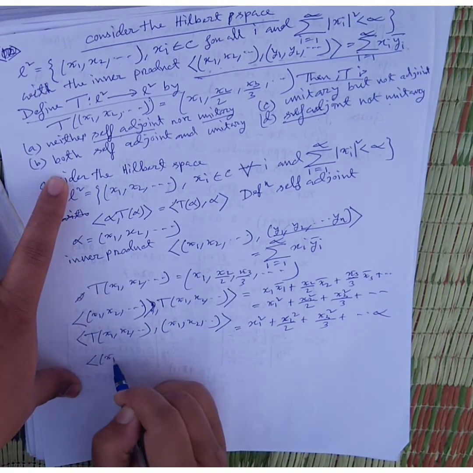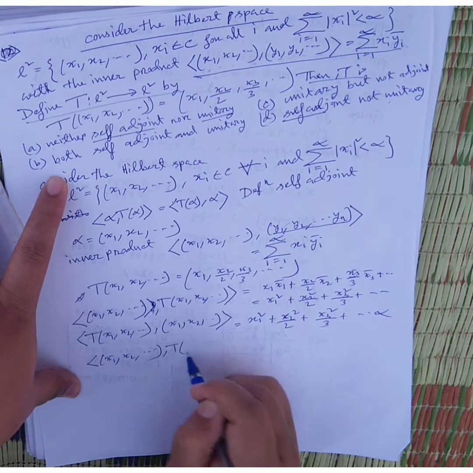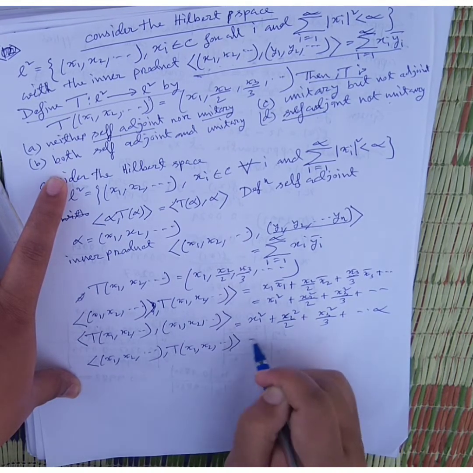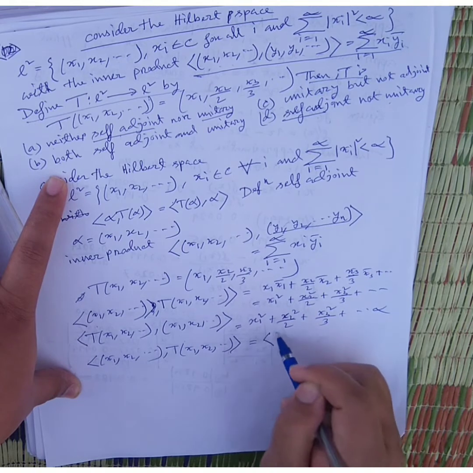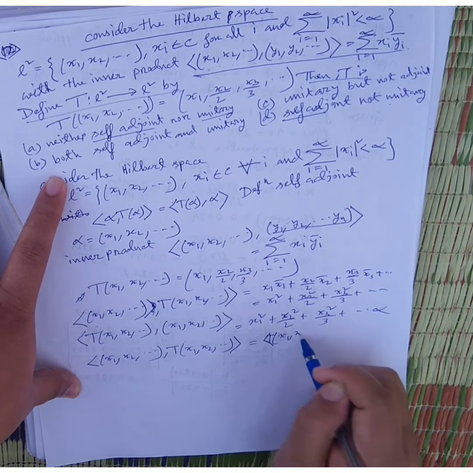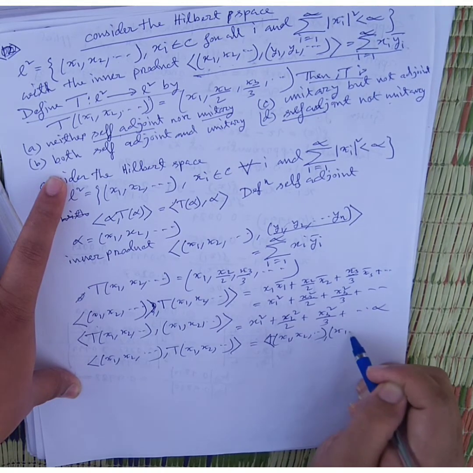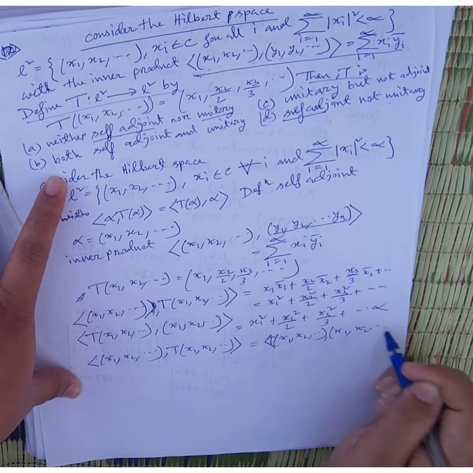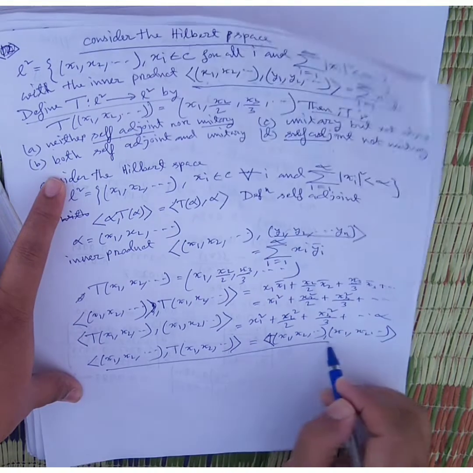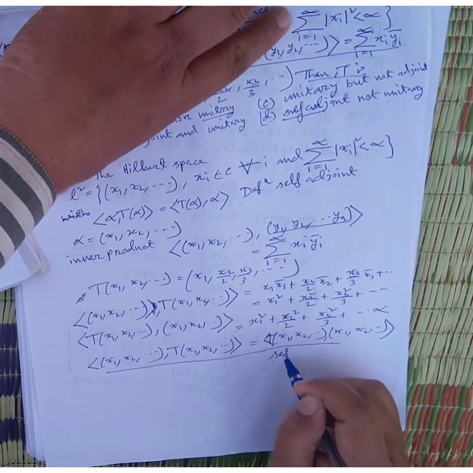So the inner product of T(x1, x2, ...) with (x1, x2, ...) equals the inner product of (x1, x2, ...) with T(x1, x2, ...). This property holds, that's the proof that it is self-adjoint.